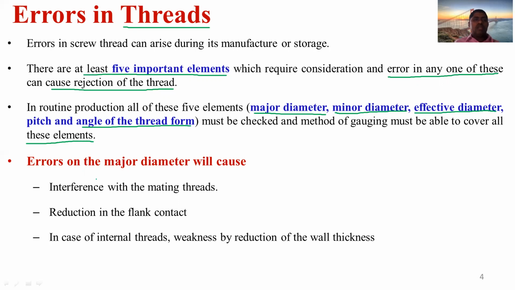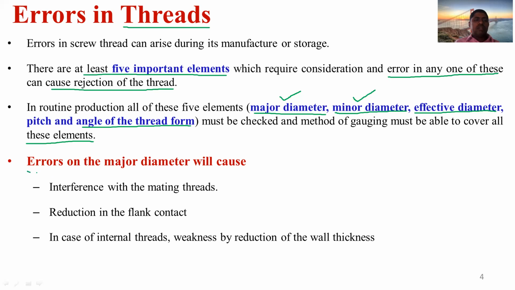And what are the errors in the screw threads? Maybe errors in the major diameter, errors in the minor diameter, in the effective diameter, errors in the pitch, and errors in the angle of the thread.